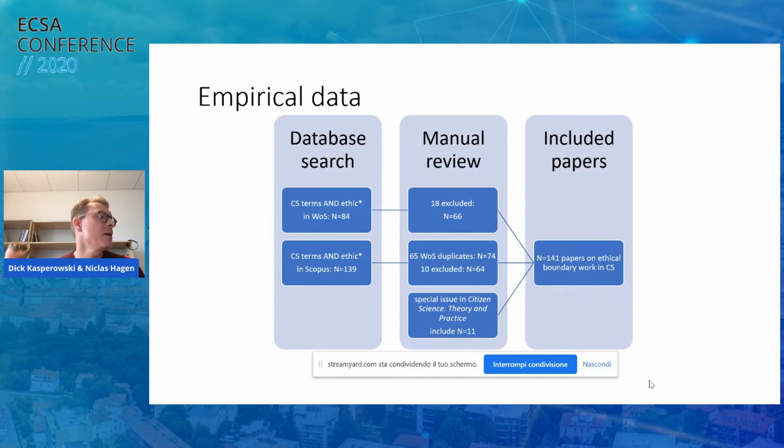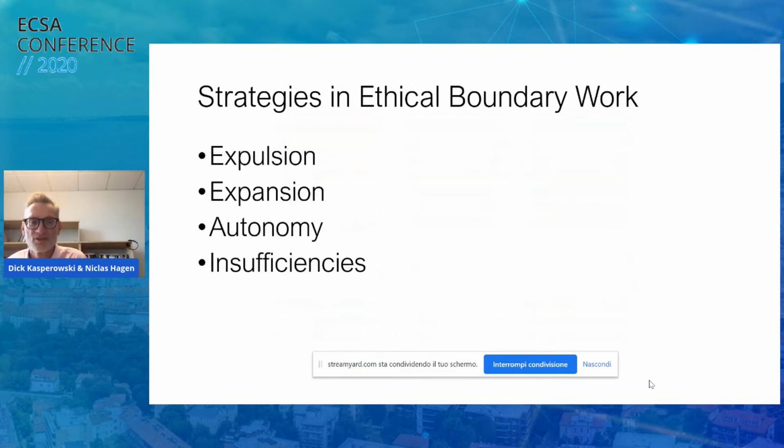The search string in our case was modified by including the word ethic. This database search yielded a number of papers that we reviewed manually to exclude duplications between the databases, and we ended up with 141 papers, which we performed a qualitative content analysis upon. Now I will leave the stage for my colleague, who will talk about the results of this meta-study. Thank you. Next slide, please, Francesca.